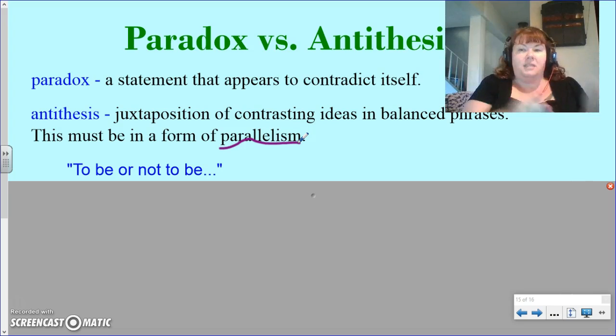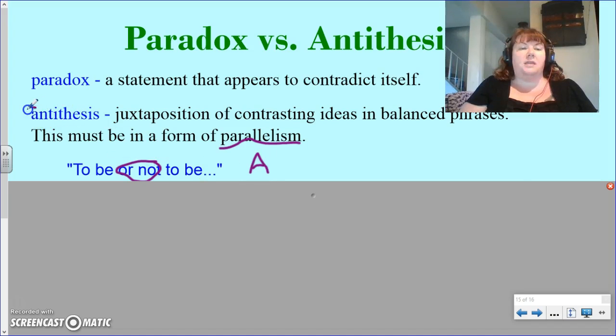Do we have something that's balanced, that follows the same pattern? We have a verb, and we have a verb. The middle aspect doesn't really matter. It's more that these are the same thing. So I'm going to label this with an A. This is an example of antithesis.